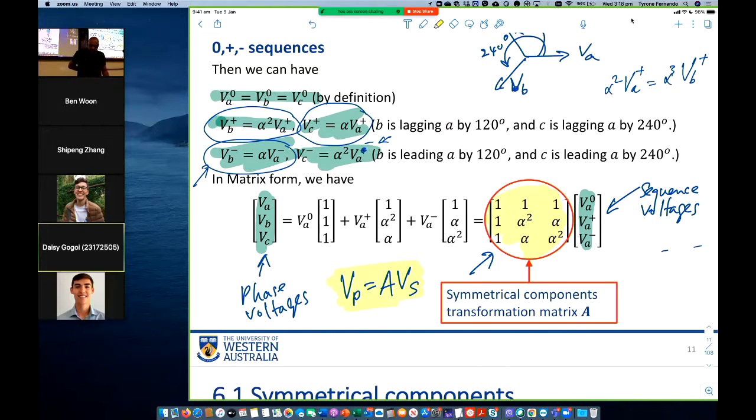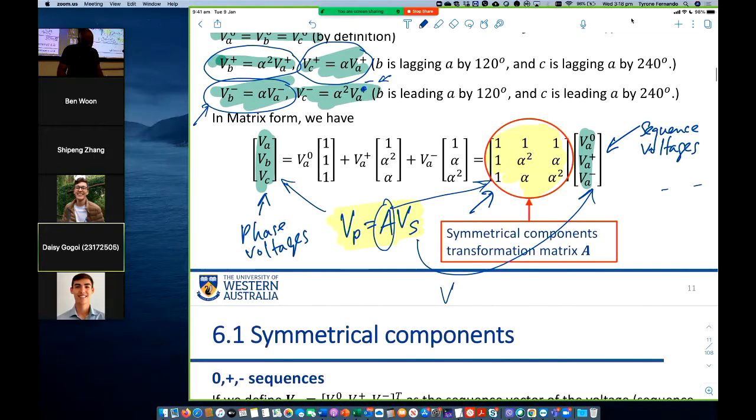The phase voltages Vp, which is Va, Vb and Vc, is related to the sequence voltages, which is Va0, Va plus, Va minus. They are related through a transformation matrix A. So we can say the phase voltages Vp must equal the transformation matrix A multiplied by the sequence voltages.